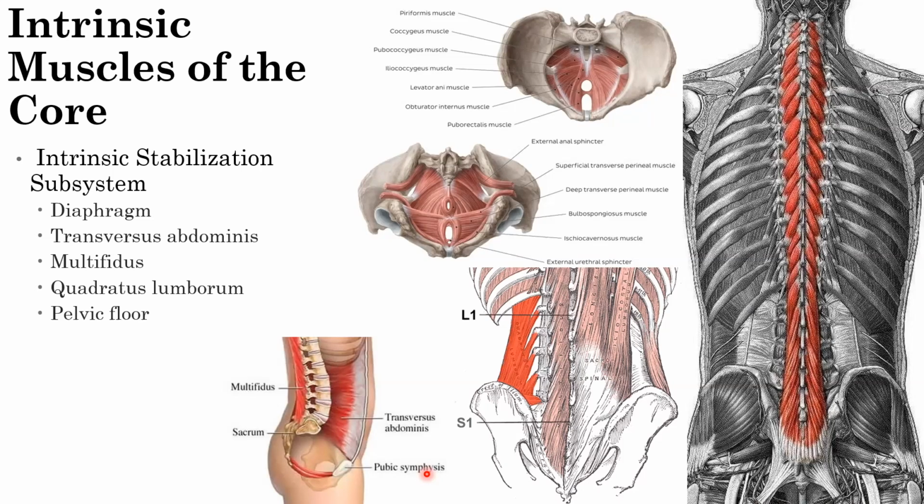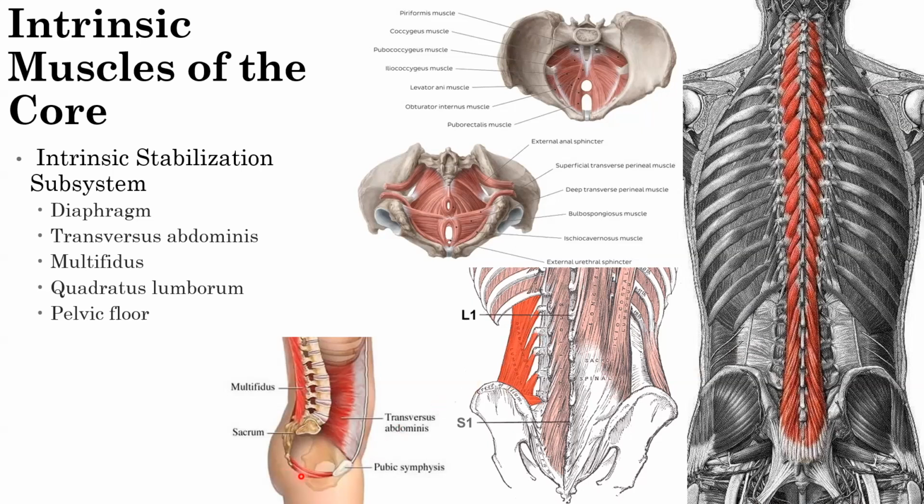So the intrinsic stabilization subsystem, if you will, is comprised of our diaphragm, our transverse abdominis, our multifidus muscles, which are essentially just the muscles that attach to the spinous processes here. Very small muscle group, I'm not going to harp too much on this. Our quadratus lumborum, as well as our pelvic floor.